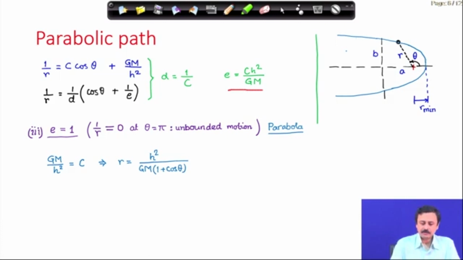That we obtain by eliminating C in the kinetic solution. What is r min? We obtain r min when theta equals 0. Just put theta equal to 0, and r min is h square by 2 times G M.